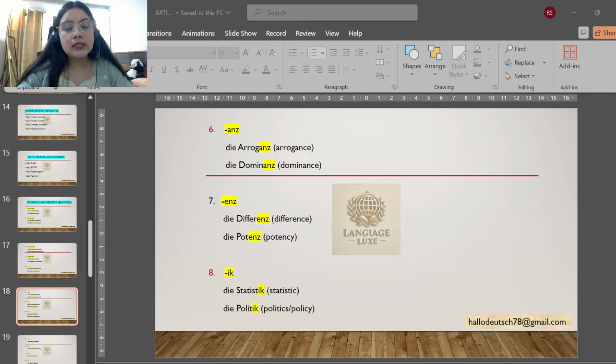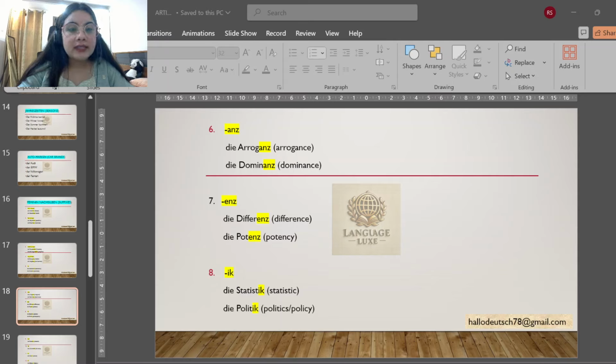Die Dominanz is dominance. Because of this ANZ, it will be feminine in nature. Then comes enz, ENZ. Die Differenz. ENZ is coming, which is why it will be feminine. Die Potenz. ENZ, so feminine.